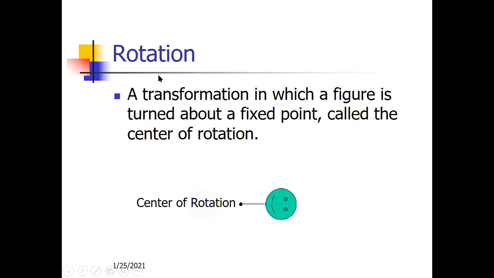What's the meaning of rotation? Then rotation, a transformation. Do you remember how many types of transformations we are going to study? Four. The first one is translation, then reflection, rotation, and dilation.